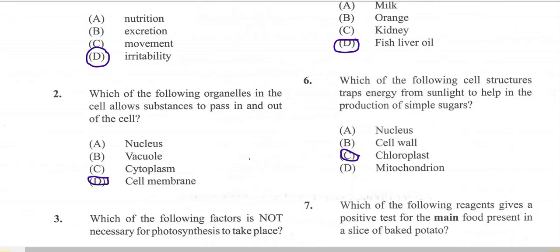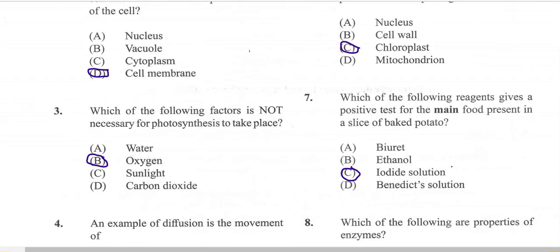Question number 6. Which of the following cell structures traps energy from the sunlight to help in the production of simple sugar? Of course, the responsibility to trap light in the plant is going to be the chloroplast. So here our answer is going to be C for 6. Question number 7. Which of the following reagents gives the positive test for the main food product in a slice of baked potato?